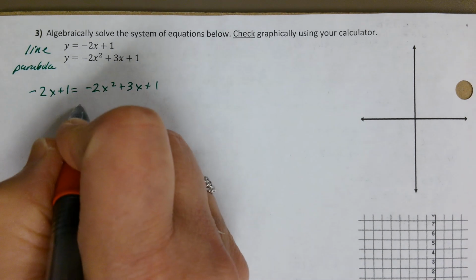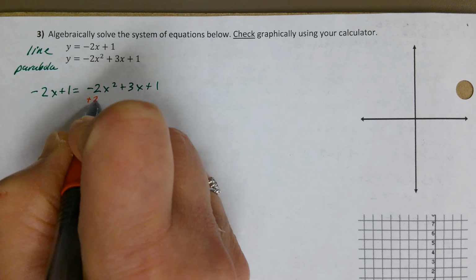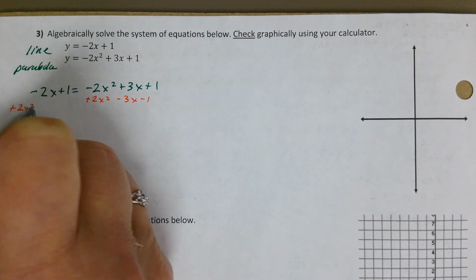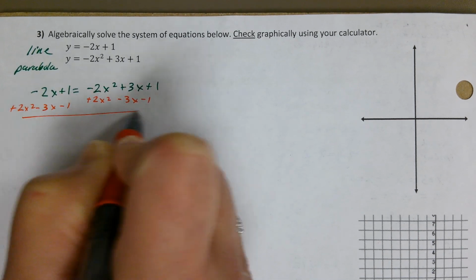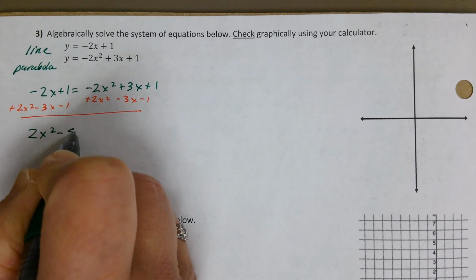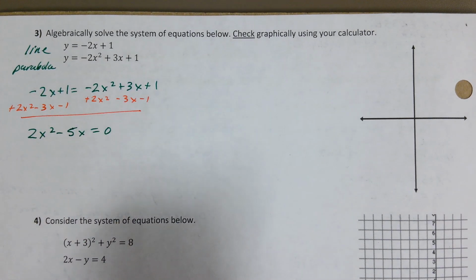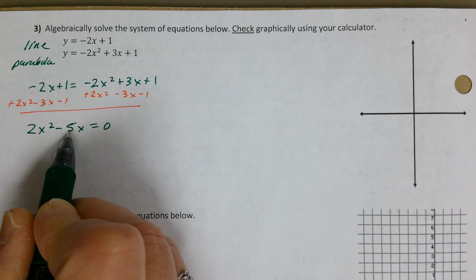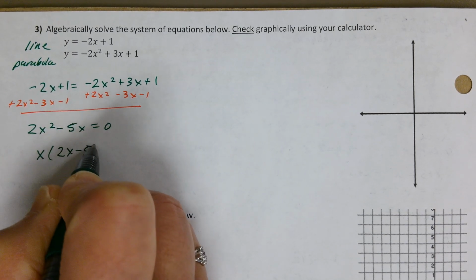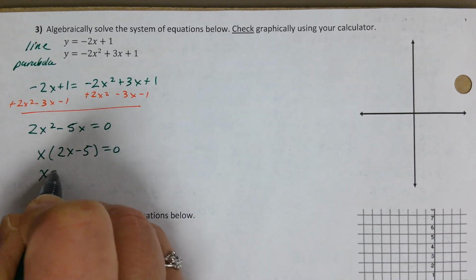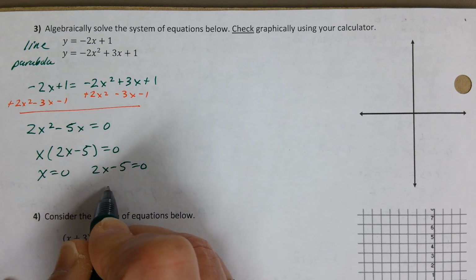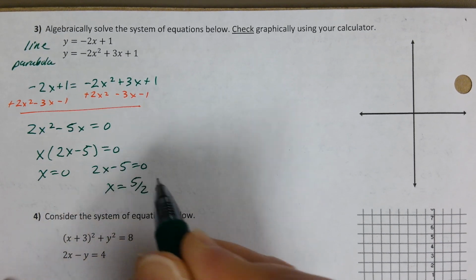Add 2x squared, subtract 3x, subtract 1. 2x squared minus 5x equals 0. Factor, there's a GCF of x. Set each factor equal to 0. So x equals 0 and x equals 5/2.